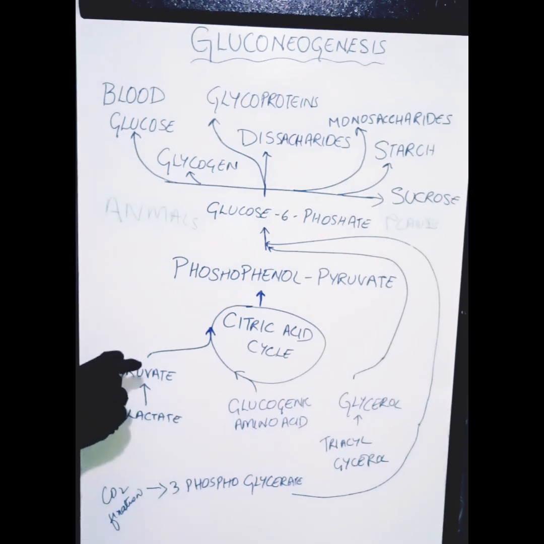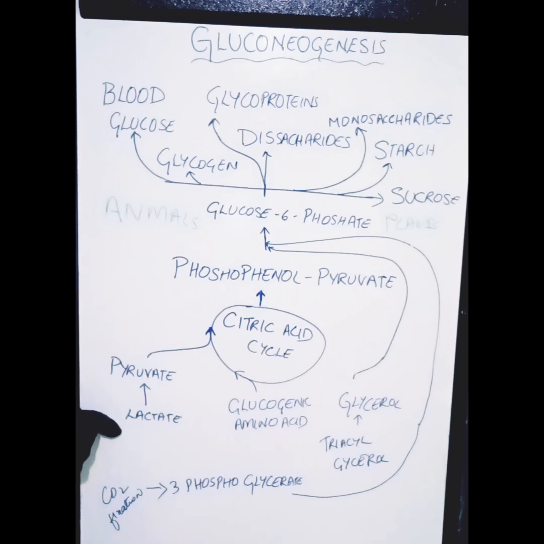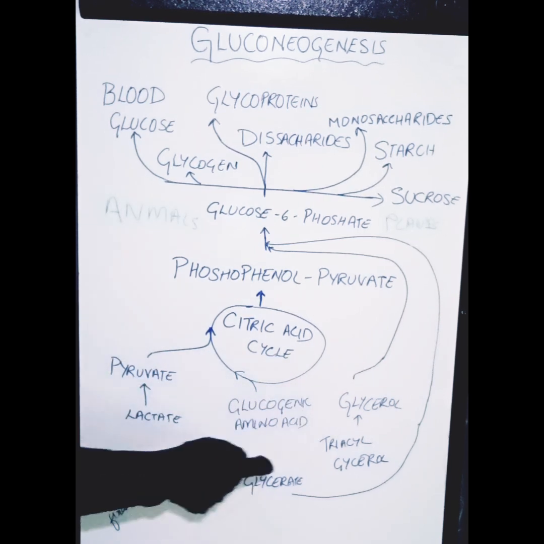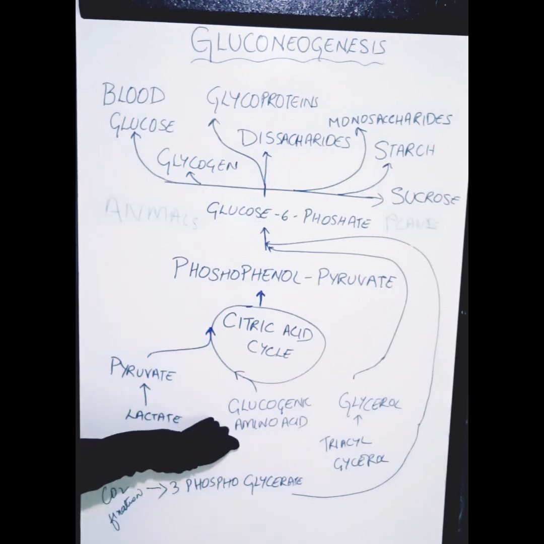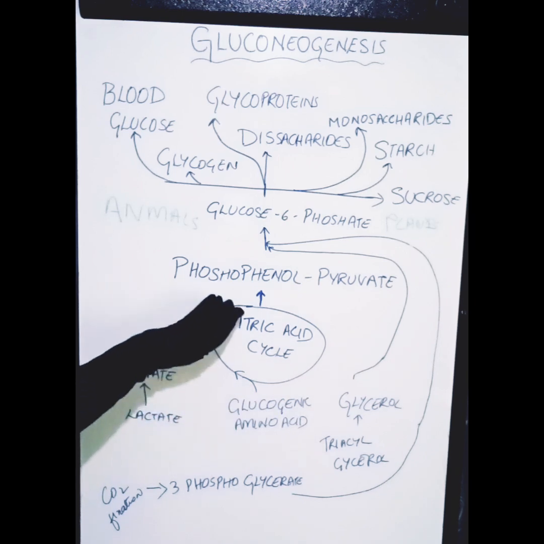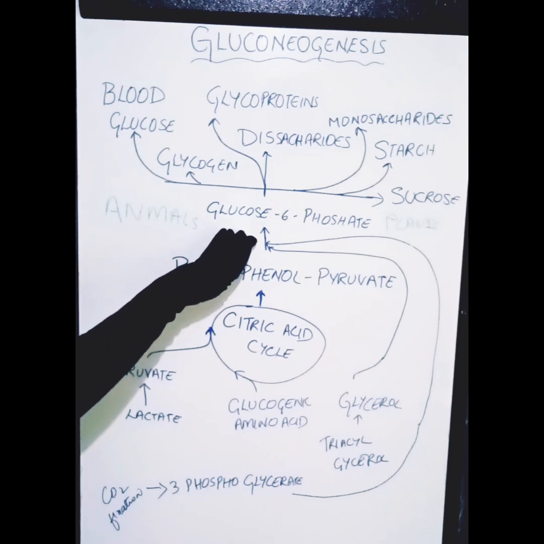The most important precursors of glucose in animals are 3 carbon compounds such as lactate, pyruvate, glycerol, and certain amino acids such as glucogenic amino acids get into the citric acid cycle to produce phosphoenolpyruvate, in turn to produce glucose 6-phosphate.